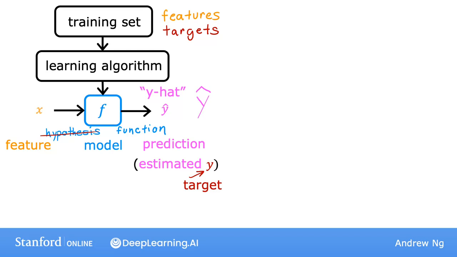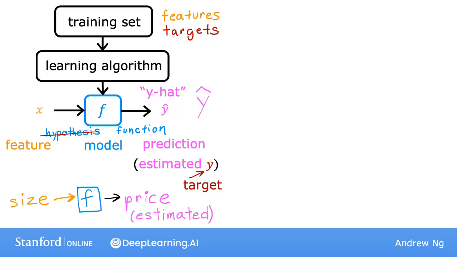In contrast, y-hat is an estimate. It may or may not be the actual true value. If you're helping your client to sell their house, the true price of the house is unknown until they sell it. So your model f, given the size, outputs a price which is the estimate, that is the prediction, of what the true price will be.